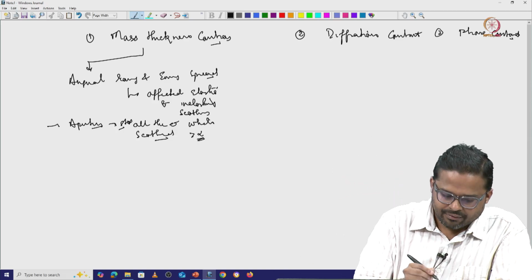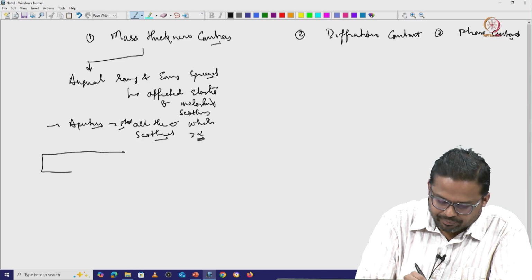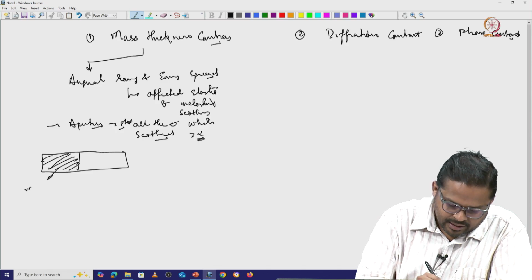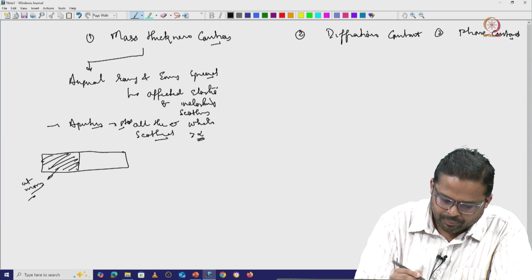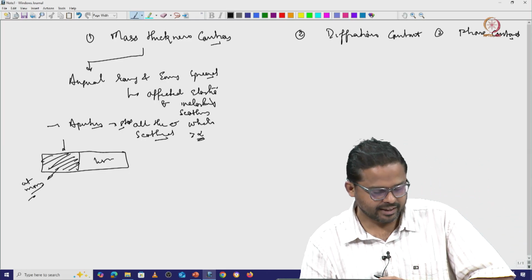So, if you have a sample and this particular area contains a higher atomic mass element, higher atomic weight, then the scattering from this higher atomic mass will be much higher.